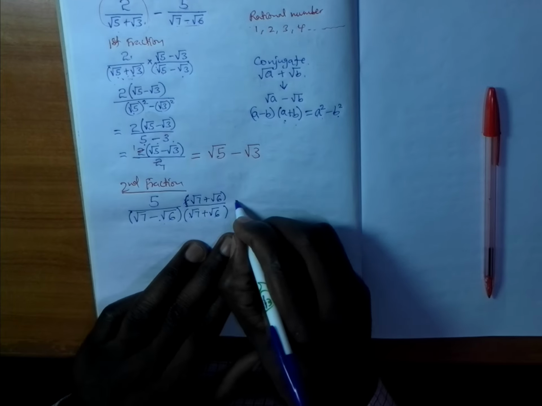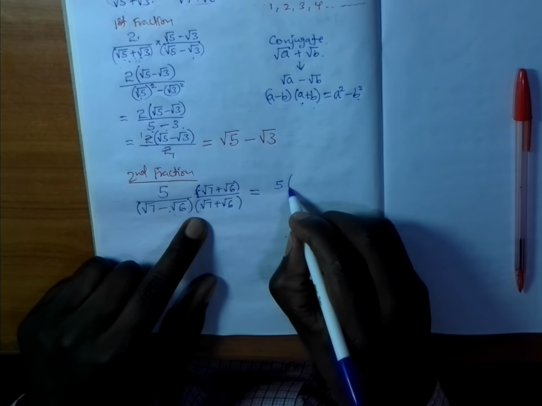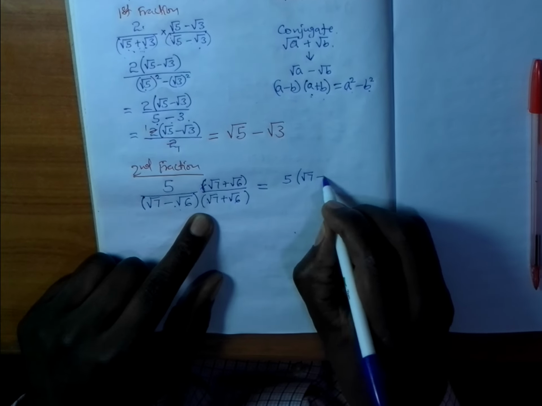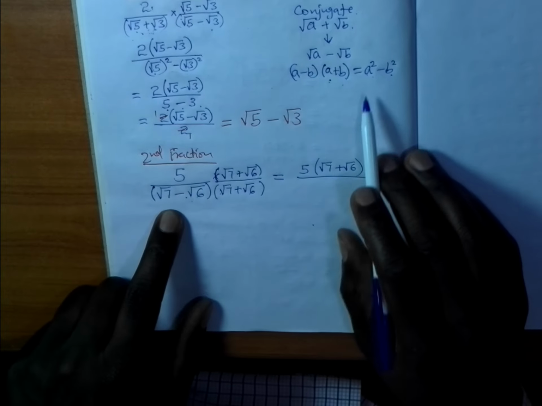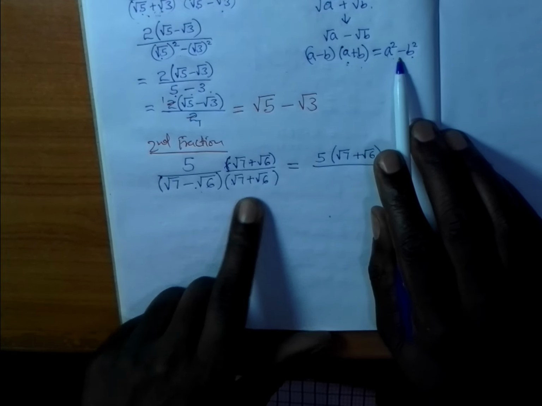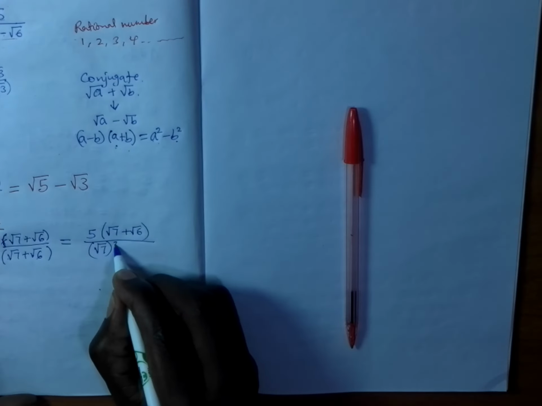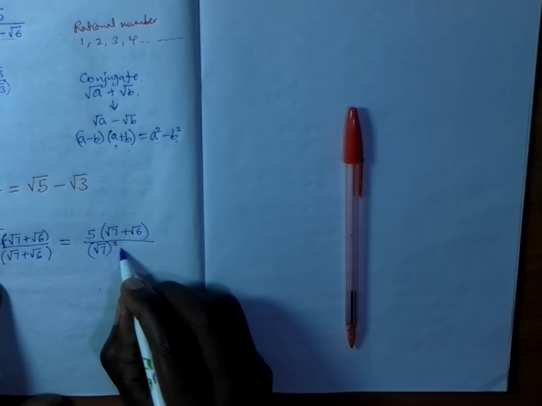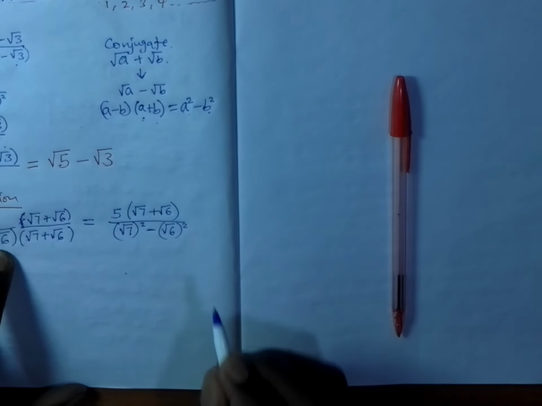So for this case, we end up getting 5 bracket root 7 plus root 6 all over. Using the quadratic identity, if we expand this, this will be root 7 squared minus root 6 squared.